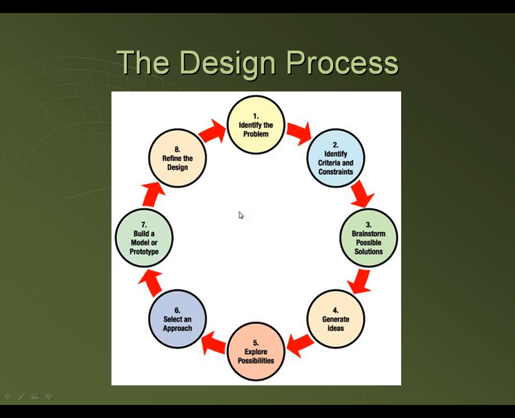Here's the design process. It's kind of similar to the scientific method, but if you look at the top, number 1 is identify the problem, identify the criteria and constraints. And what we mean by this is, do you have a budget? Where is this actually going to be located?